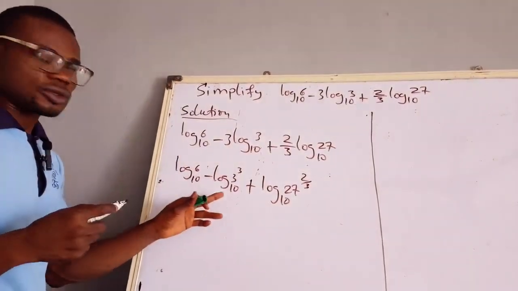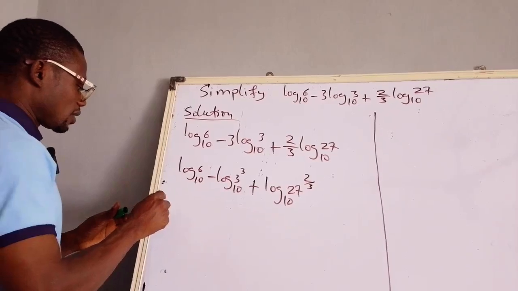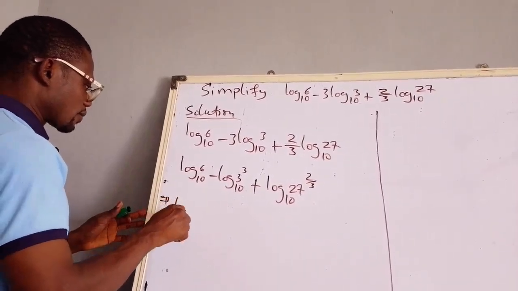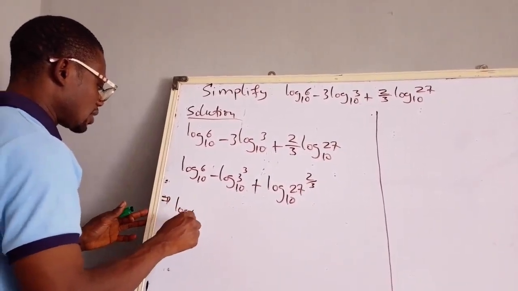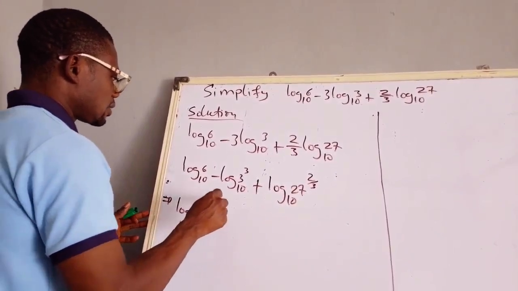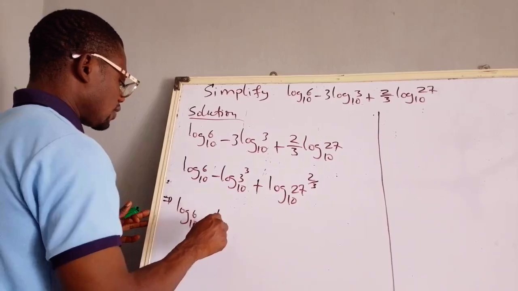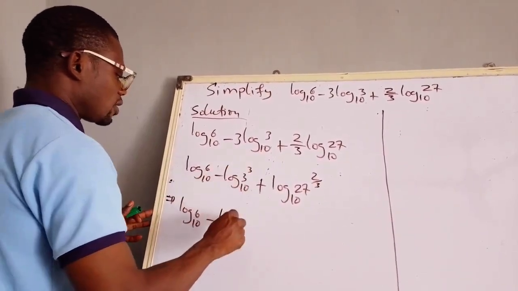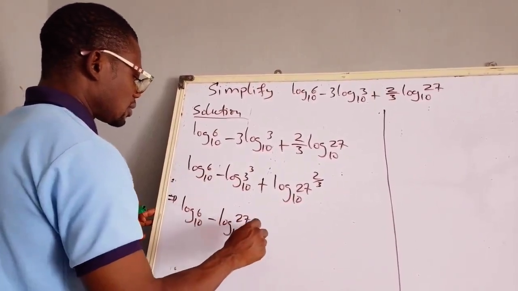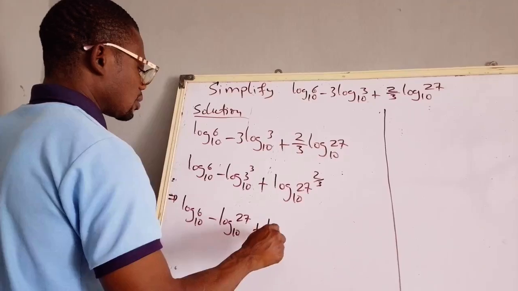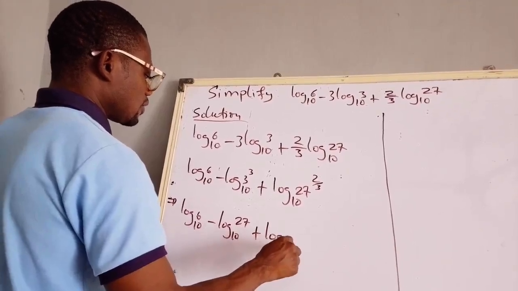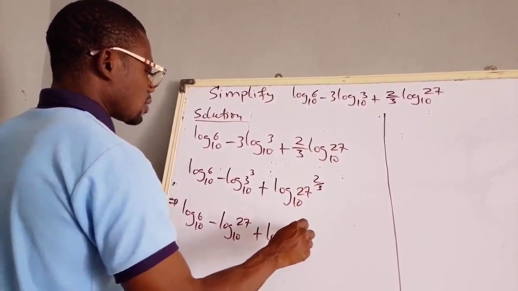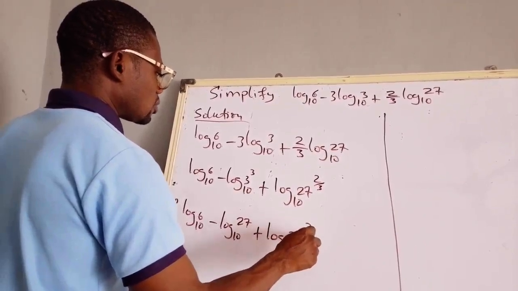Right, that's the first thing to do. Then let's go again. Log 6 base 10 minus, this will give us 3 to the power 3 gives 27, right? Plus log 27 base 10 all to the power of 2.